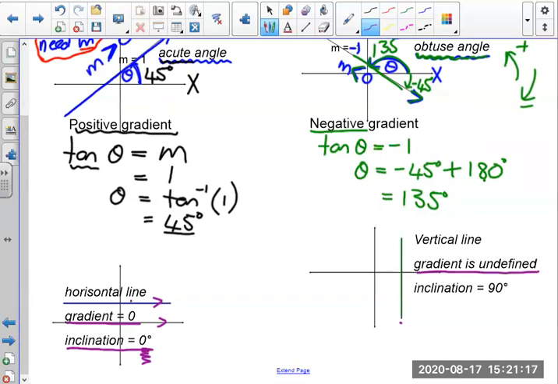But what is the inclination? The inclination is the angle between the x-axis and the line, and what's the size of that angle? It's 90 degrees. So remember that a horizontal line has a gradient of 0 and an inclination of 0 degrees. A vertical line has an undefined gradient and an inclination of 90 degrees.